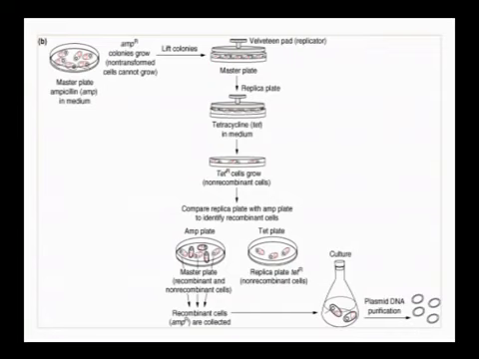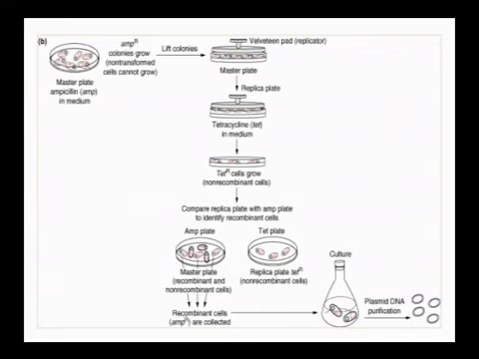In this, both recombinants and non-recombinants will grow, but we have to isolate recombinants. For that we follow the replica plating method. The cultures present in the master plate are replicated by growing them in tetracycline. Since we have inactivated the tetracycline gene, the recombinants will not grow in tetracycline medium. They grow only in ampicillin, since the ampicillin selectable marker gene has not been inactivated.